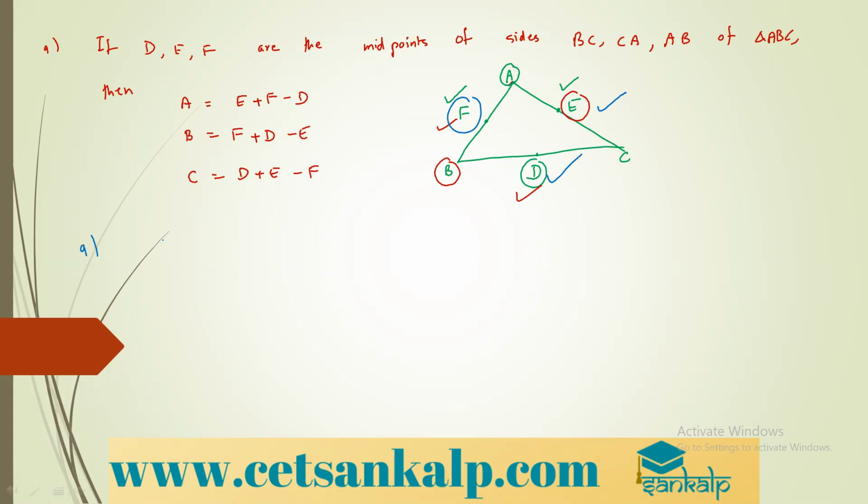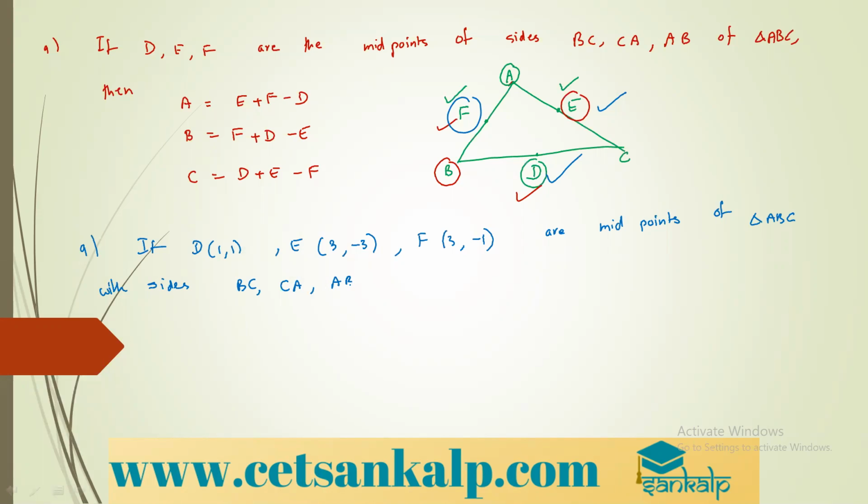Coming to the question, if D is (1, 1), E is (3, -3), F is (3, -1), and these are midpoints of triangle ABC. That means in triangle ABC, the sides we will take BC, CA, AB.